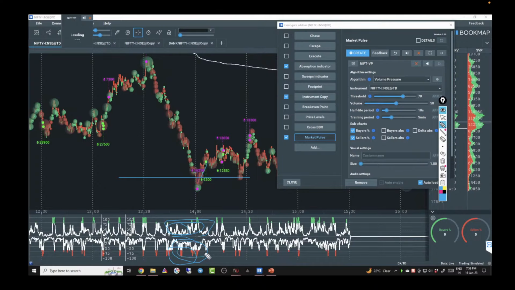That means these aggressive sellers' market orders got consumed by another player. There has to be a limit order, right? So they consumed those orders, and the reversal of the market from this particular level is quite high. That's basically the indication of this particular indicator. I hope that is clear.